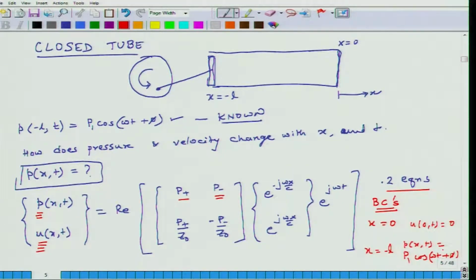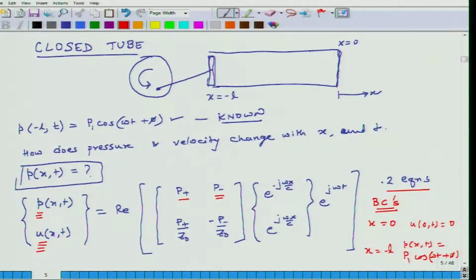Okay. So now we have these four equations, four unknowns, and we can solve for all these variables: p plus, p minus, function p and function u.